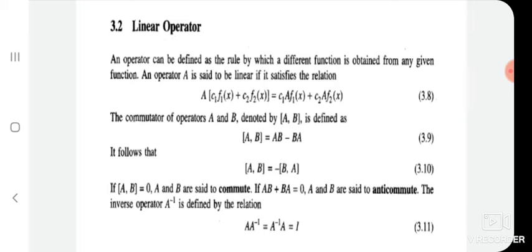Means if we operate an operator on a function, then that function will be changed into another function. That is the role of an operator.